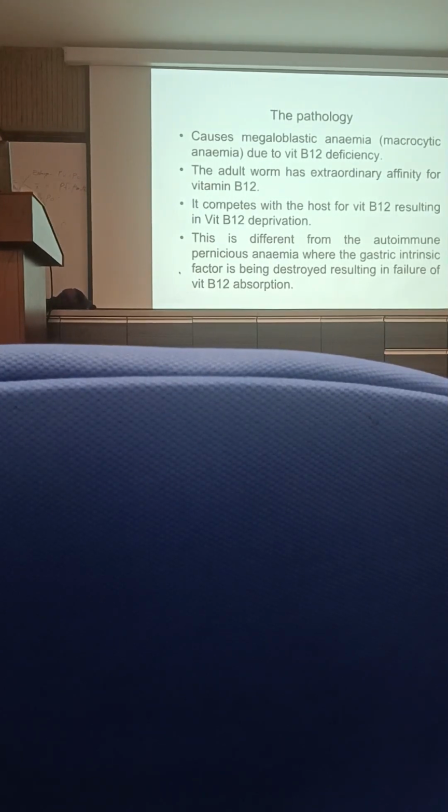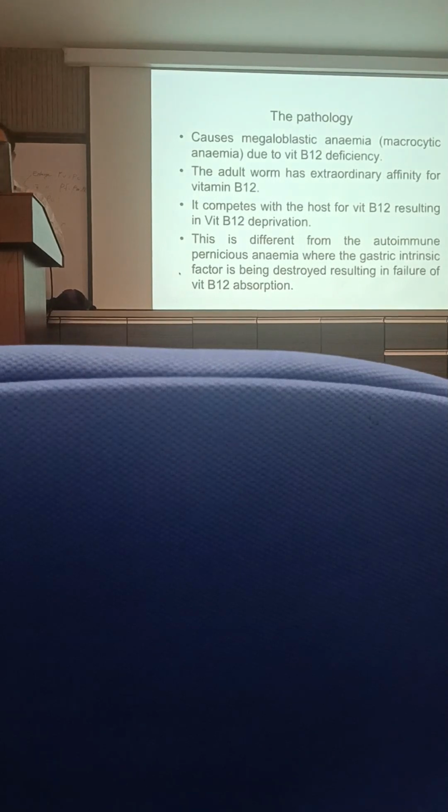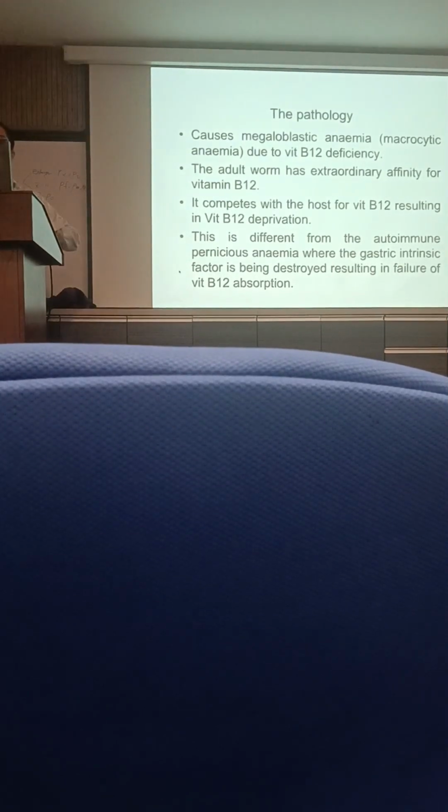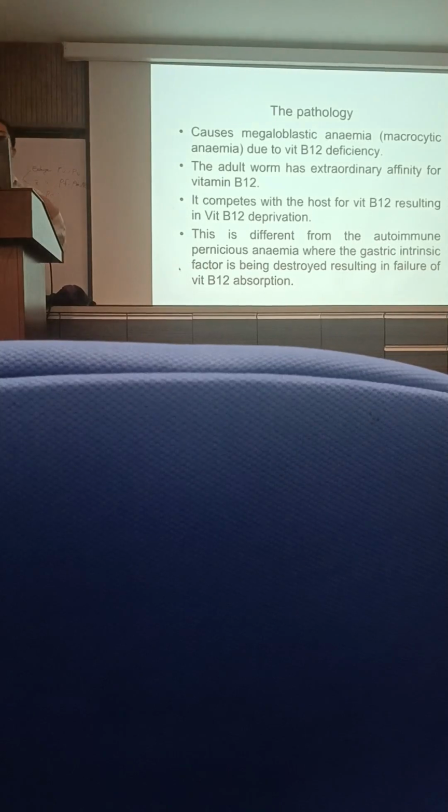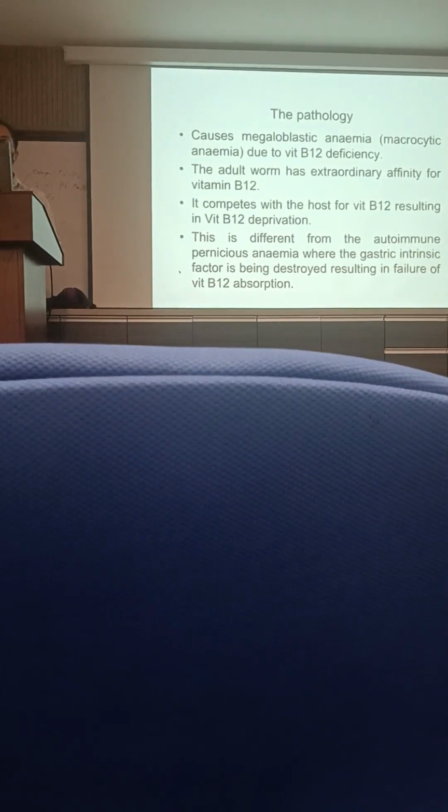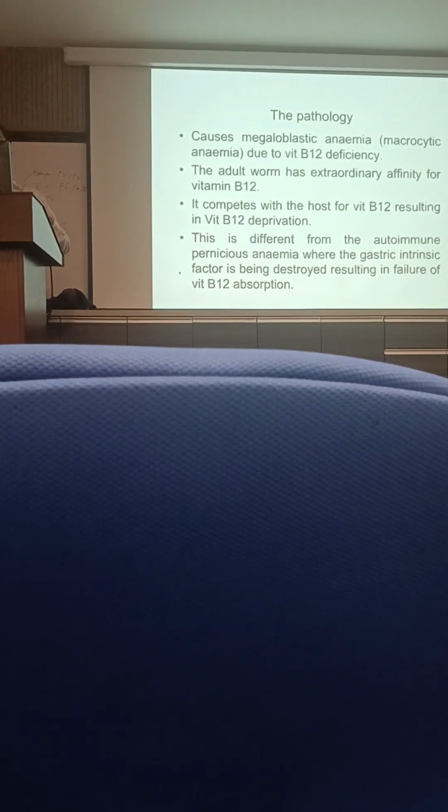You don't have these factors. So this is pernicious anemia. It's different from B12 deficiency in diphyllobothriasis. This is because you have a big worm there that's absorbing vitamin competitively. Each time you eat, it eats first.